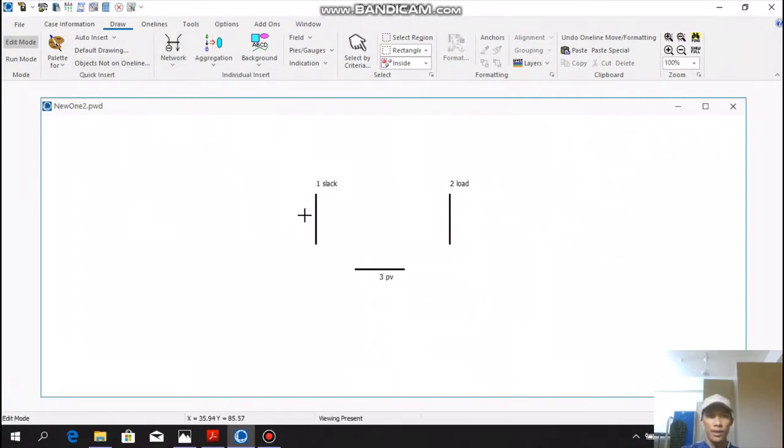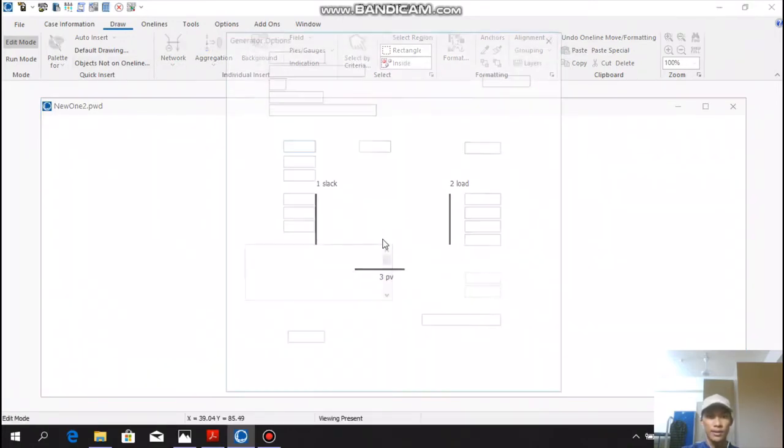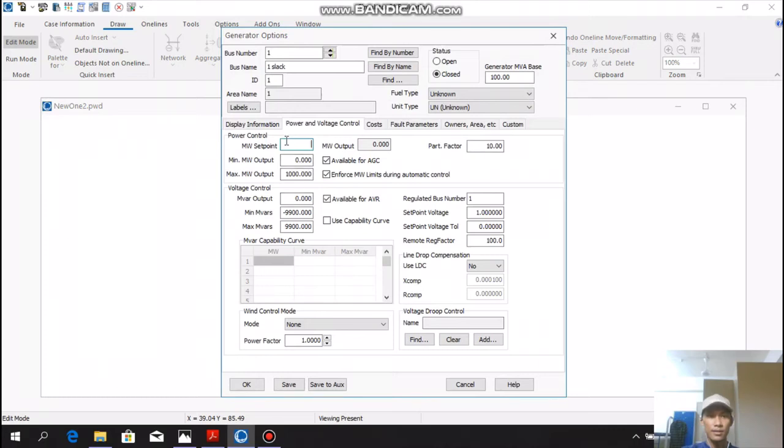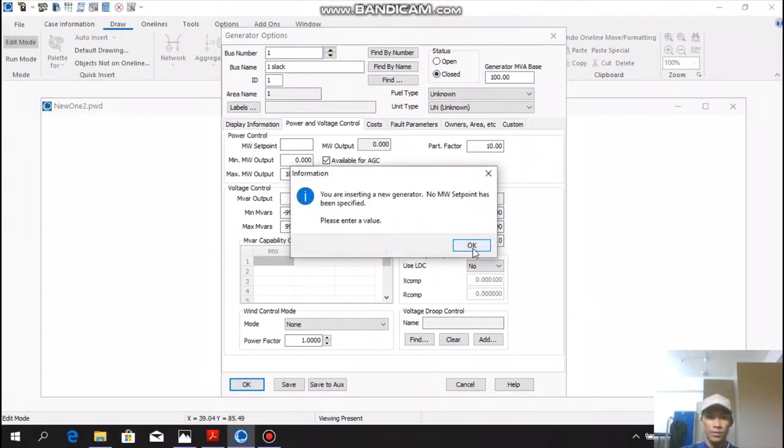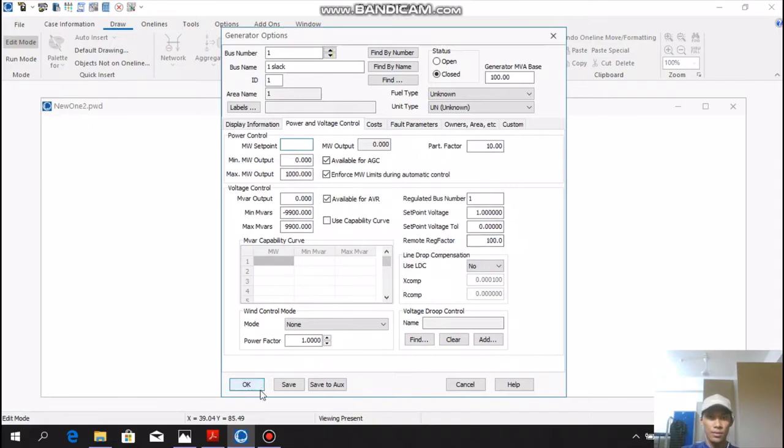Then we will enter the generator at the slack bus. This will be 0.